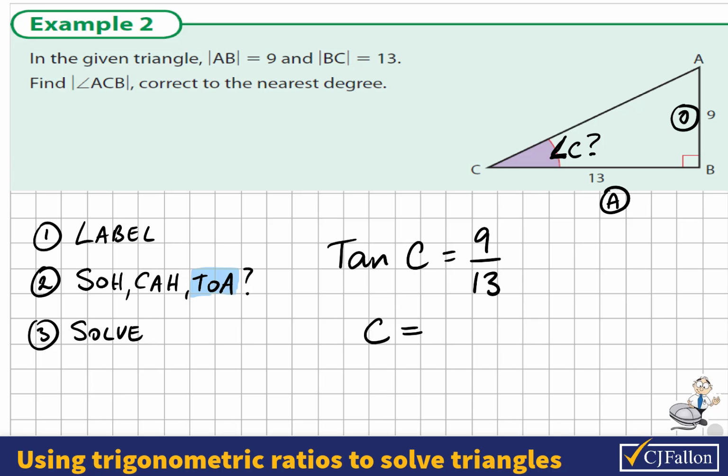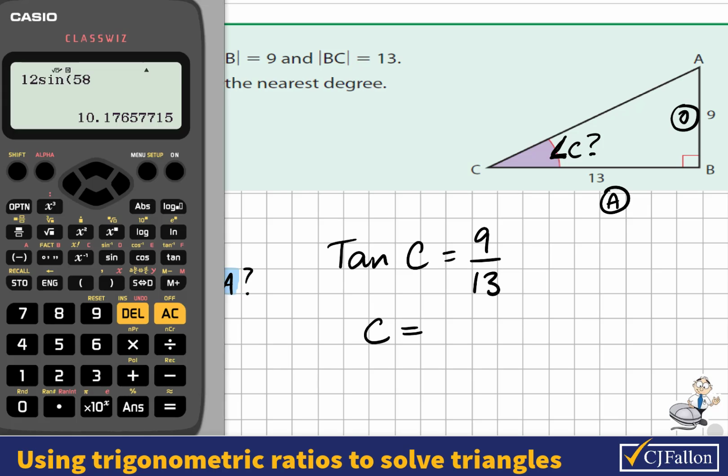If tan C is 9 over 13, can anyone remember what we used on the calculator to find the angle? What did I type into the calculator? Tan inverse. That's a really good answer.